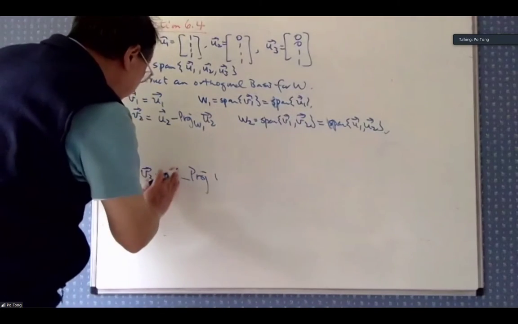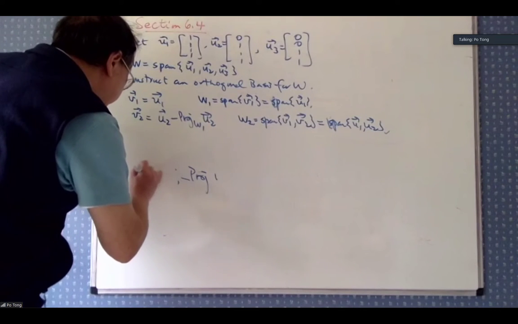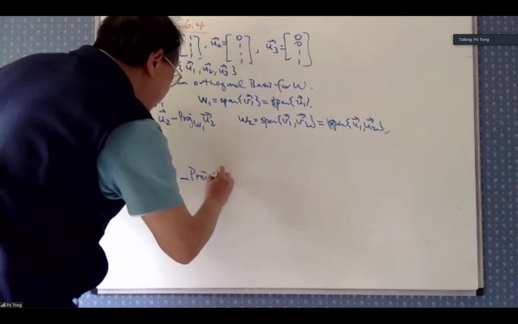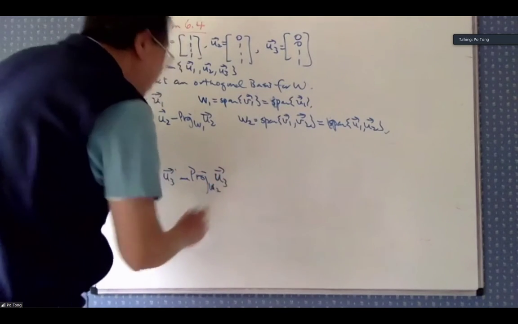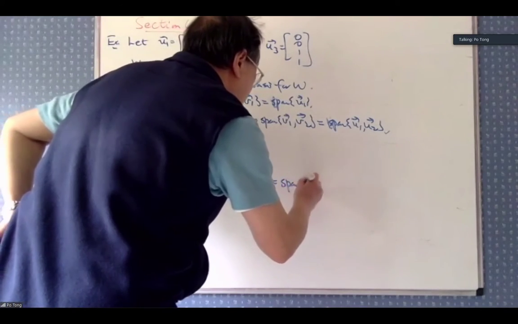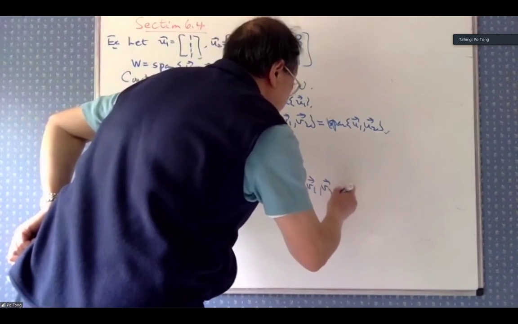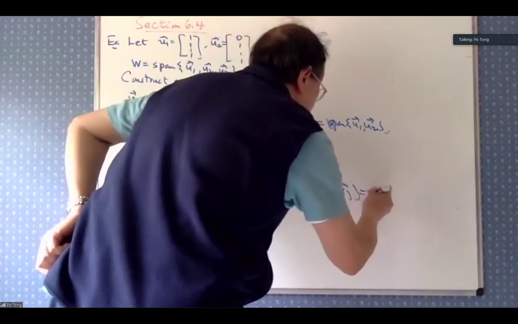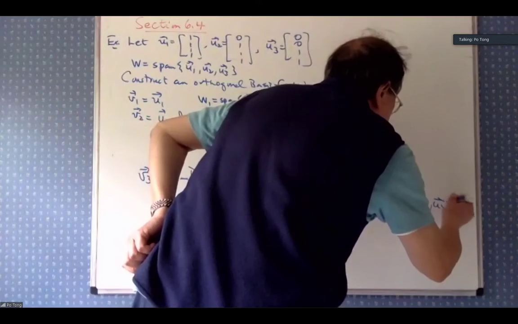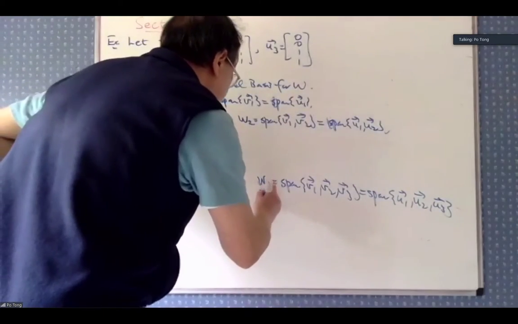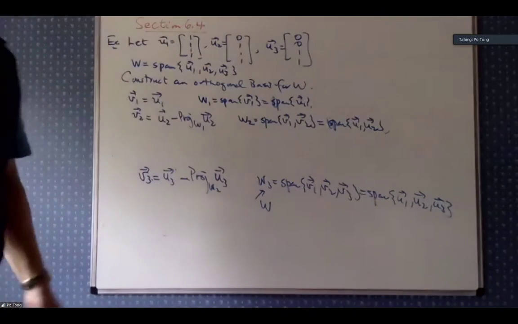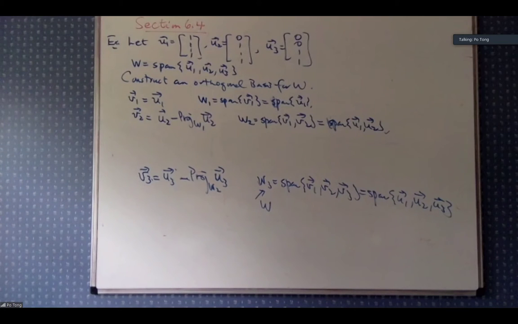So V3 will be the U3 minus the projection of U3 onto W2. Okay? And then you end up with W3, which is the span of V1, V2, V3, which is the same as this span. Okay? And this is my W. So after this, we are done. Okay? I think this is correct.